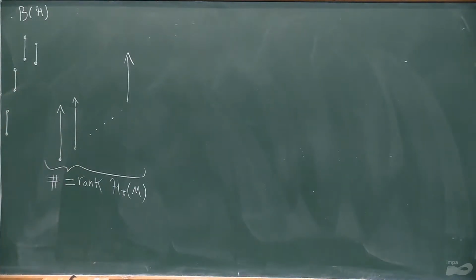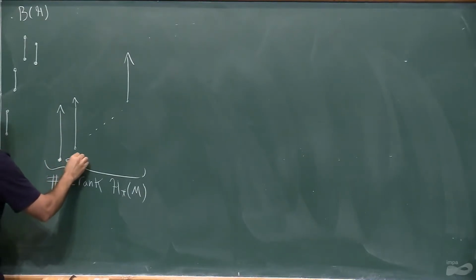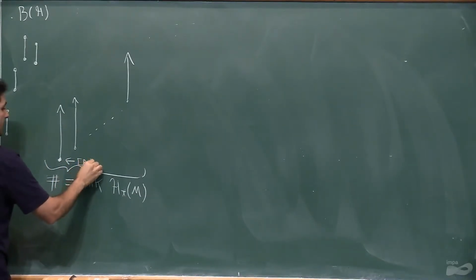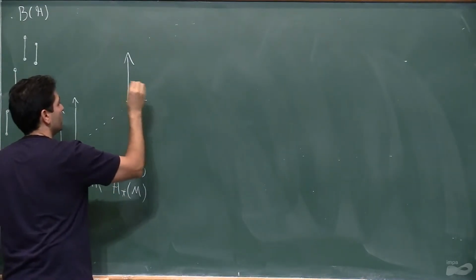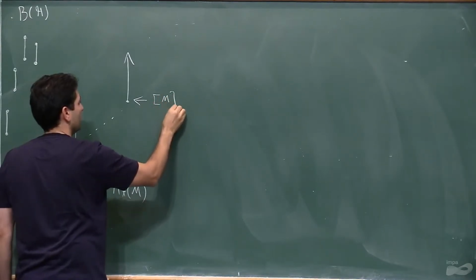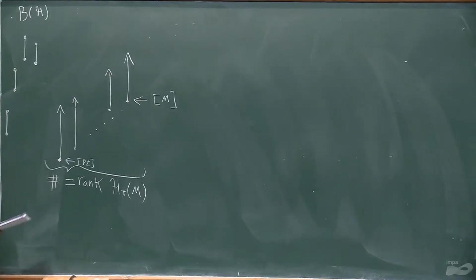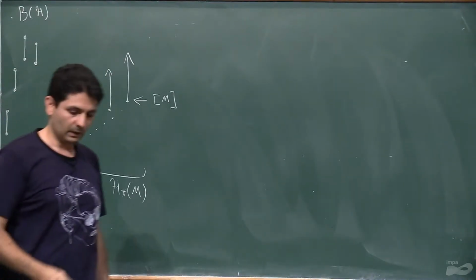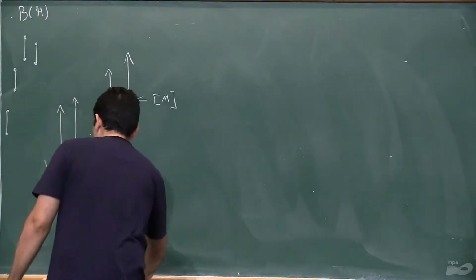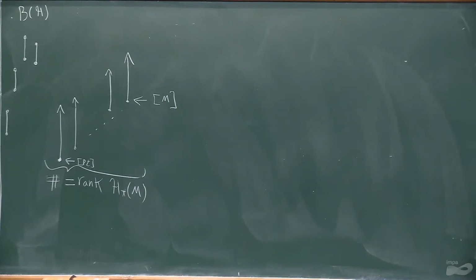Okay, so the lowest of these endpoints corresponds to the level in filtered homology where you see the Floer homology class of the point. And the biggest of them corresponds to the level where you see the Floer homology class of M. And the other endpoints in between are the values of what are called the spectral invariants of the Hamiltonian. Okay? The smallest and the biggest are the ones that have the most applications in symplectic topology.